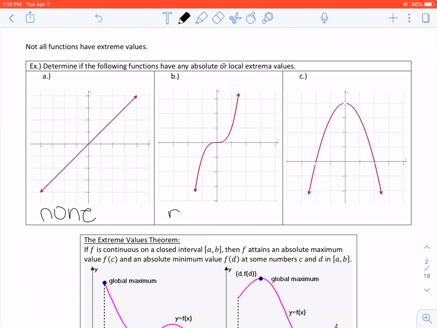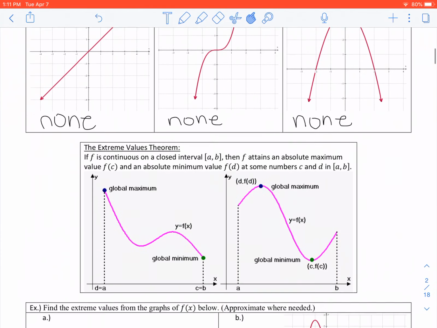Likewise with B. And then C has no absolute or local minimums because the graph is extending down to negative infinity. It also has no maximum value because this is undefined here. So this one is also an example of none.